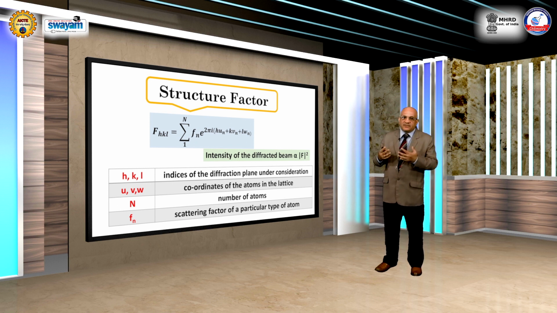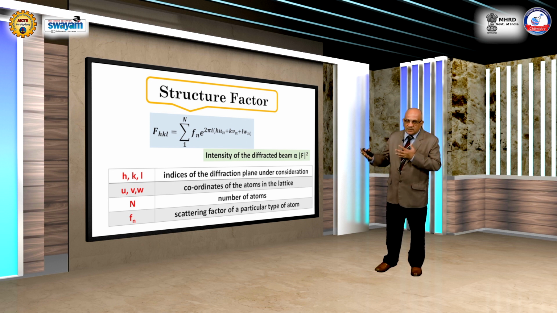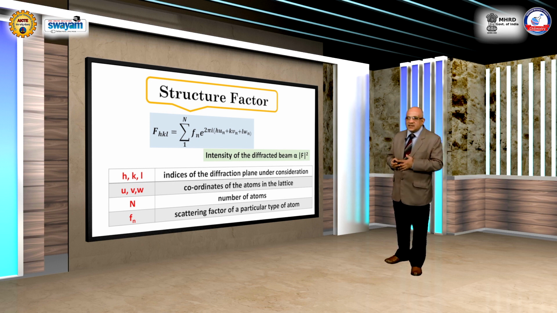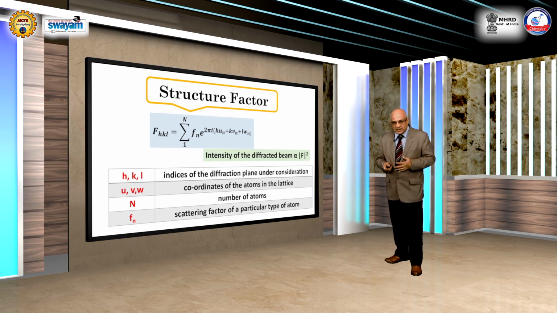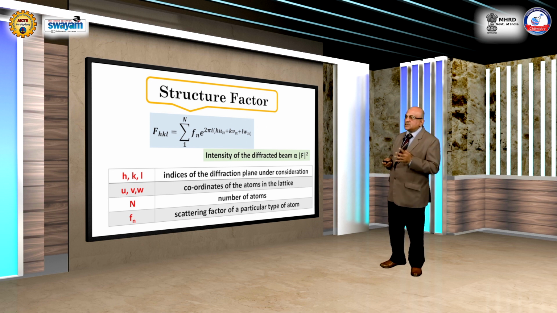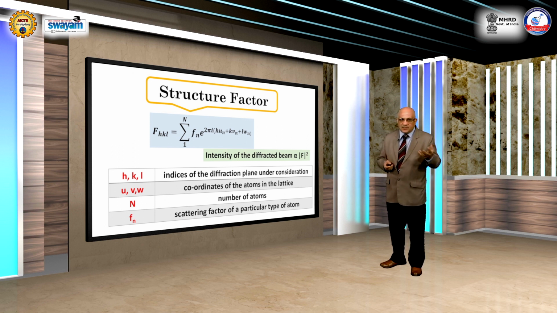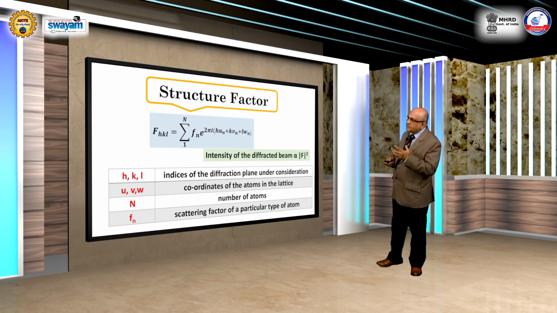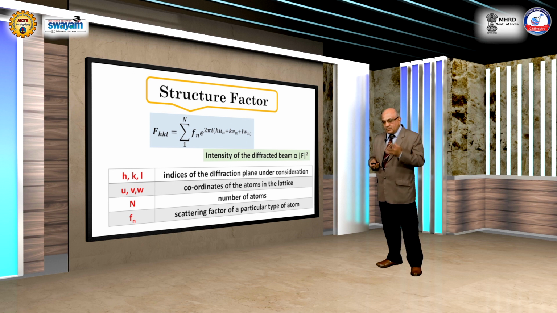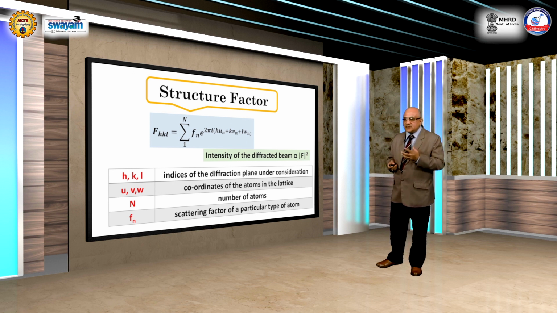So, the scattering factor and appropriate phase are ultimately related to the intensity of the reflection coming from a particular HKL plane. For each individual atom, there is a particular scattering factor. So, for hydrogen, there will be a scattering factor. For an element like boron, there will be some other scattering factor. And the scattering factor depends on the number of electrons in the system.